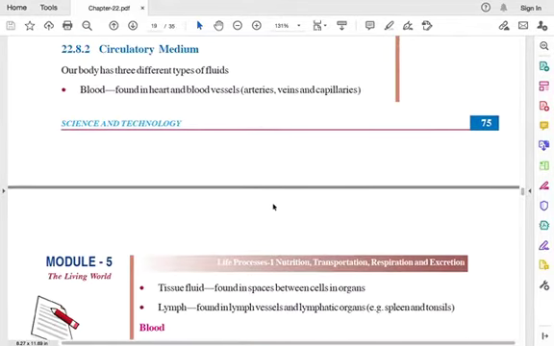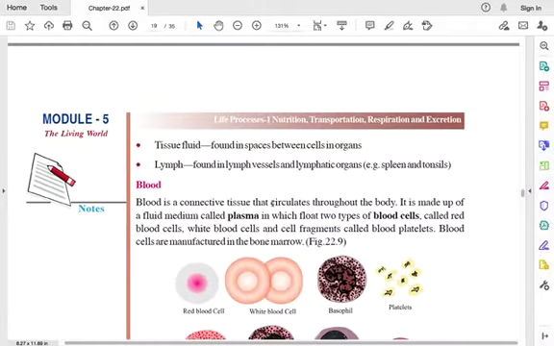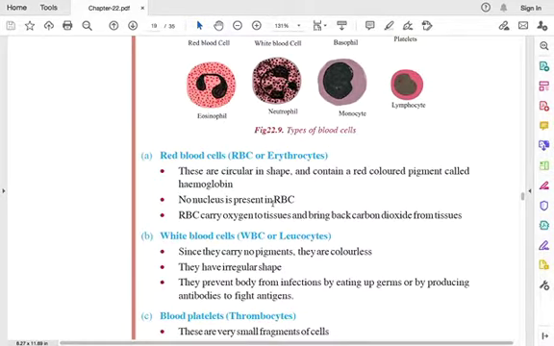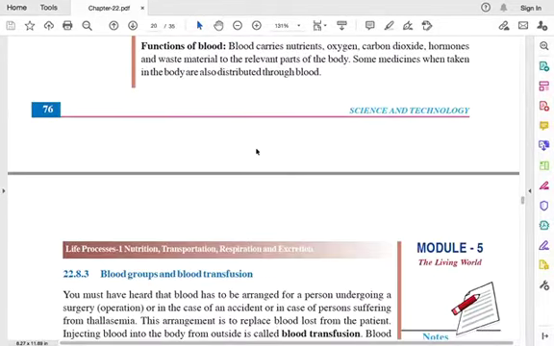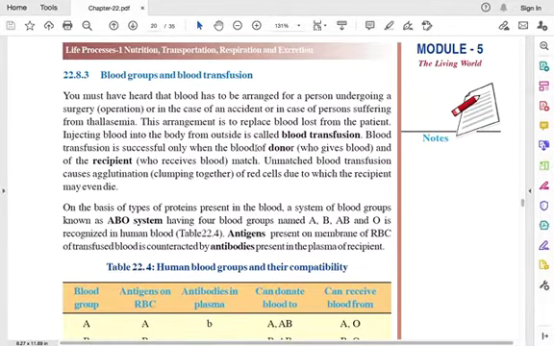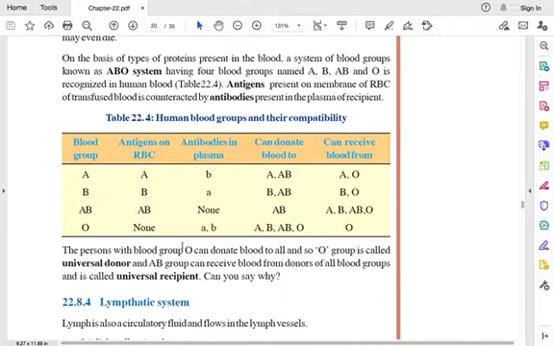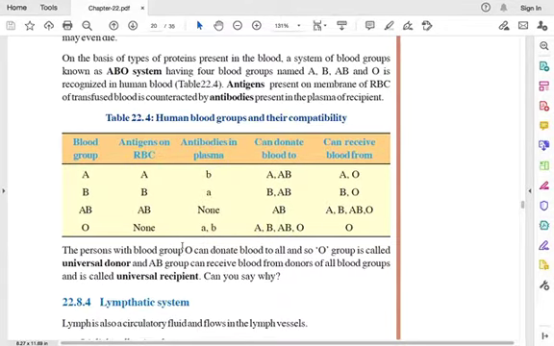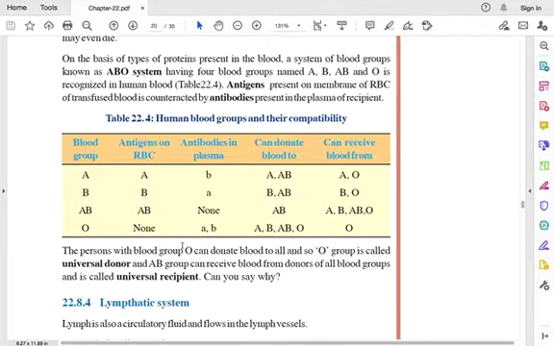Then we saw in detail about circulatory medium, like blood, you have lymph. In the blood you have red blood cells, white blood cells, blood platelets, all these things. Then this important topic, that is blood groups and blood transfusion. We saw that O blood group is the universal donor, why it's universal donor, and AB is universal recipient, why it's universal recipient.